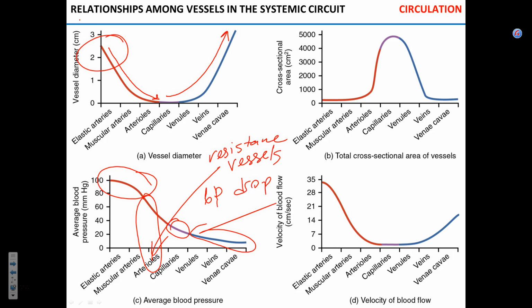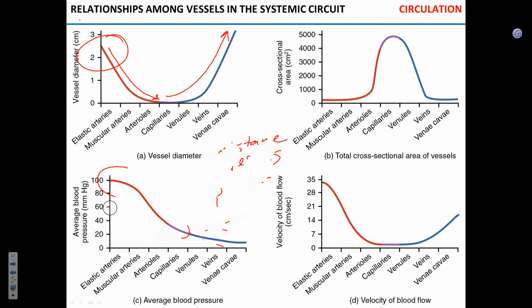Now what about the cross-sectional area? So again, think about the river for a second. So imagine you have the river that runs from the mountain hill down into the valley.